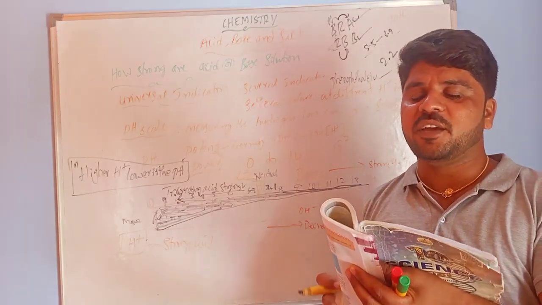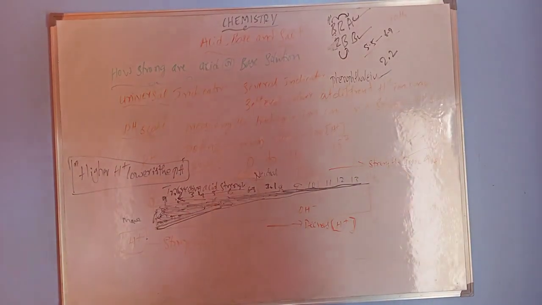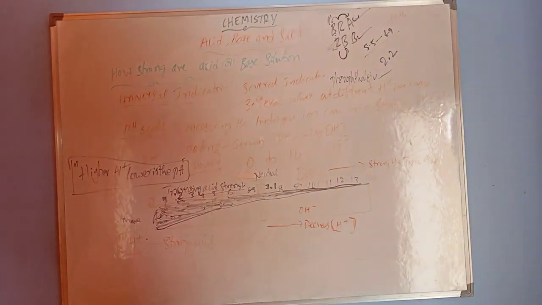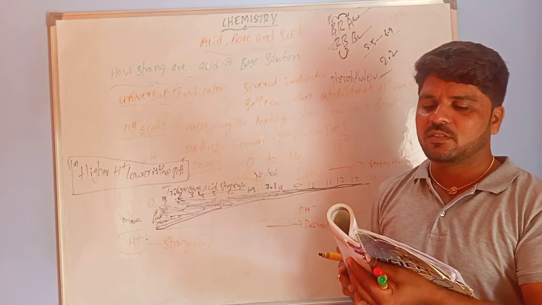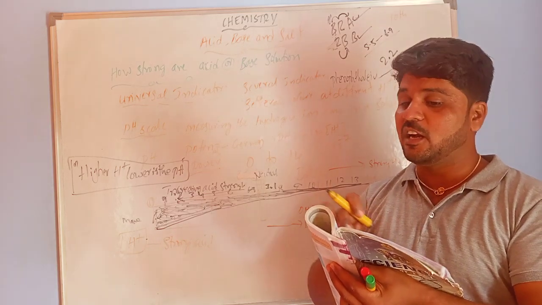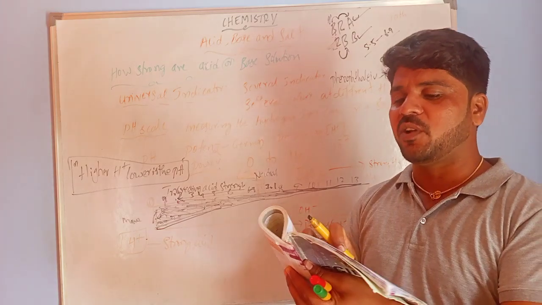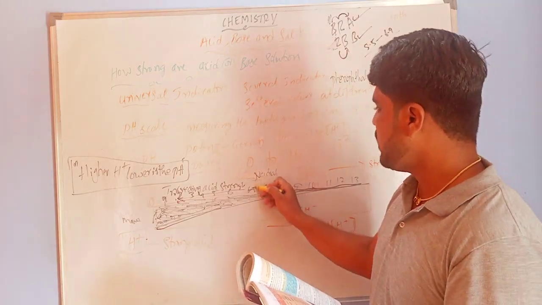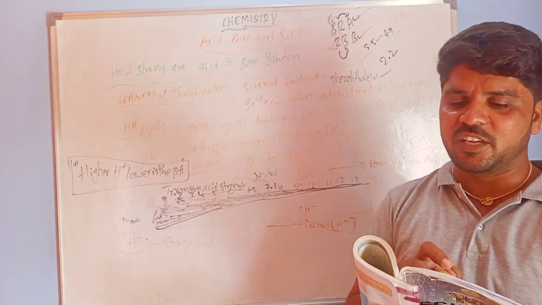The approximate pH is 6 to 8, which means nearly 7. That's why the nature of the substance is neutral.